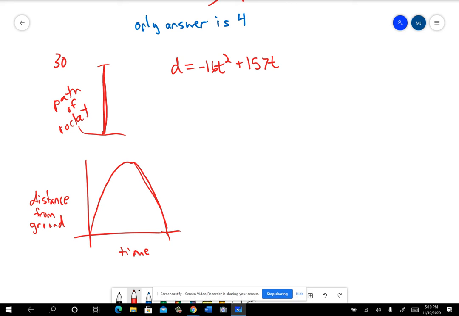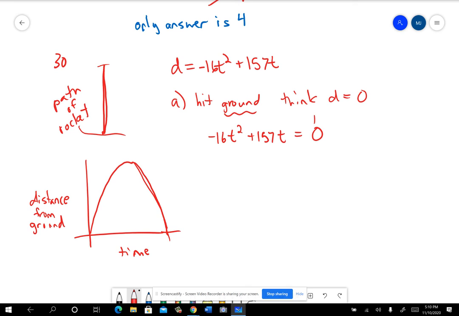And what I want you to think about is on question A, it says, at what time will the rocket hit the ground? So think, when is D equal to 0? So you need to solve, when is negative 16t squared plus 157t equal to 0? That's the ground, hitting the ground.